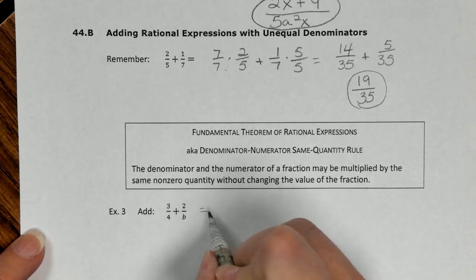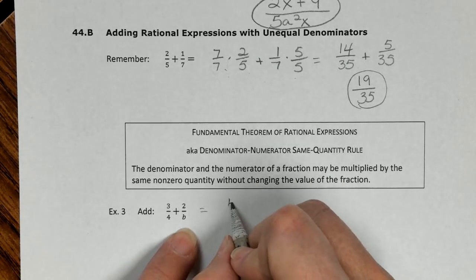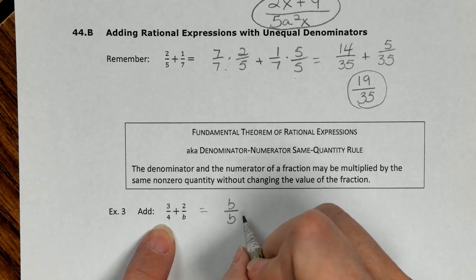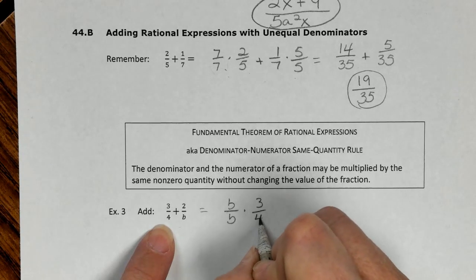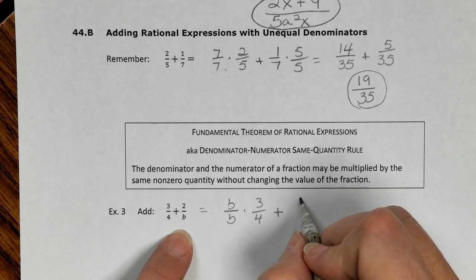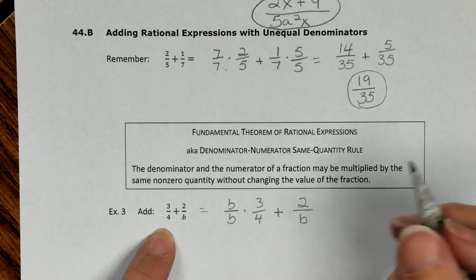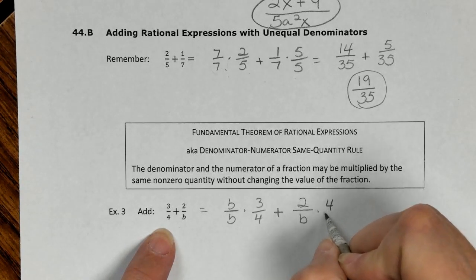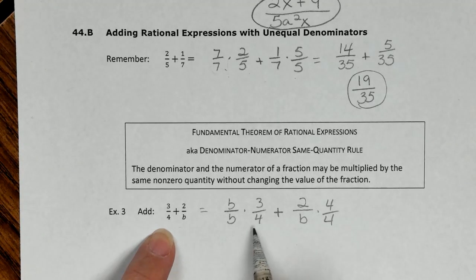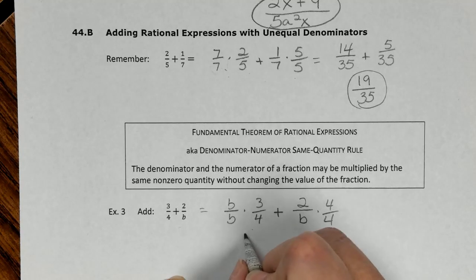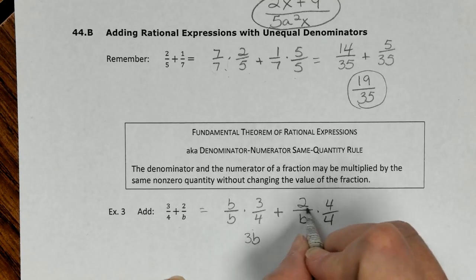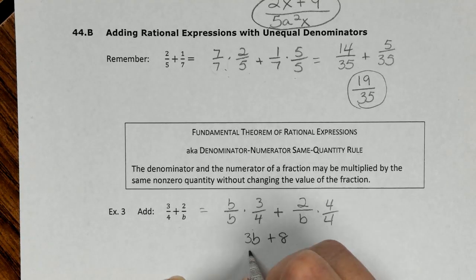So what we're going to do, we'll take b over b times the first fraction, plus 2 over b here gets multiplied by 4/4. That way the denominator for both of those will be 4b. So now we have 3b plus 8 all over 4b.